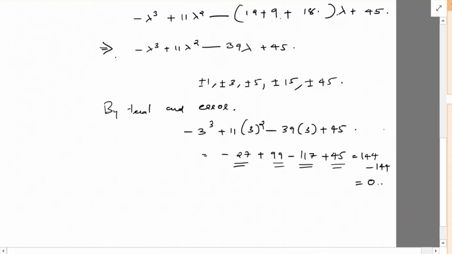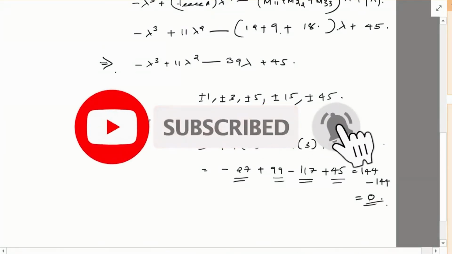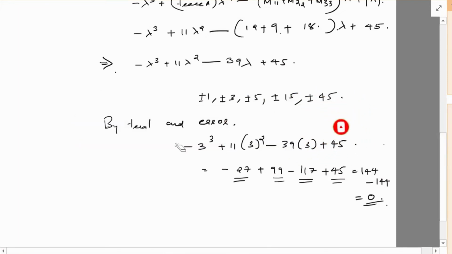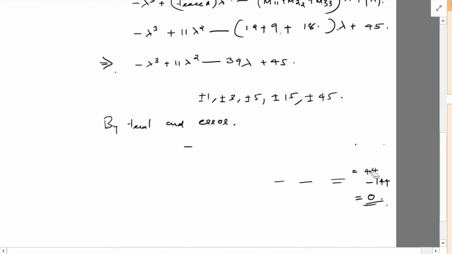So that is equal to 0. When you substitute 3 into the characteristic polynomial, we get the value as 0. So we got one eigenvalue. One eigenvalue is 3. By trial and error, 3 is a root.